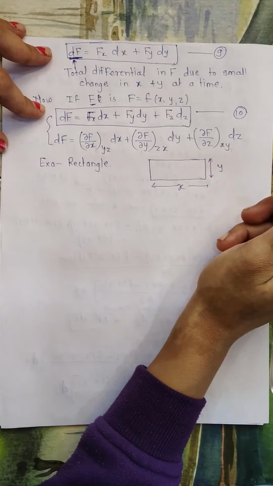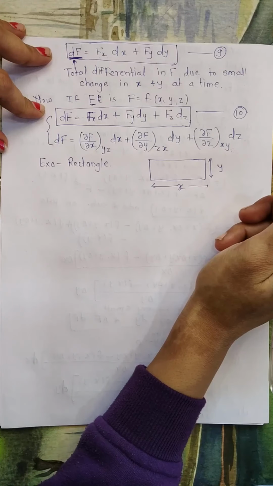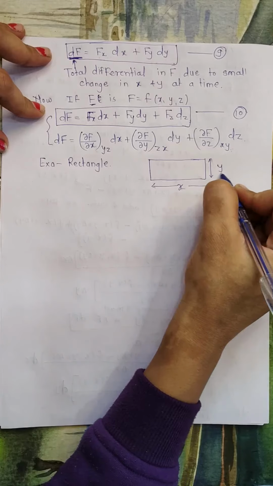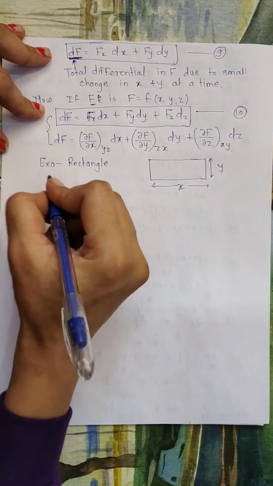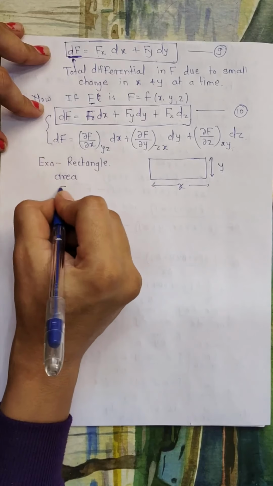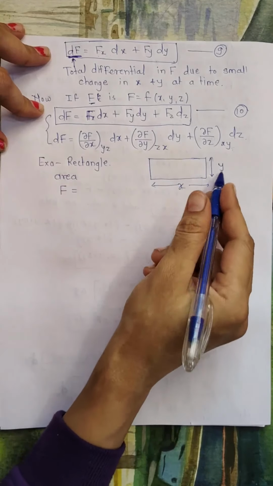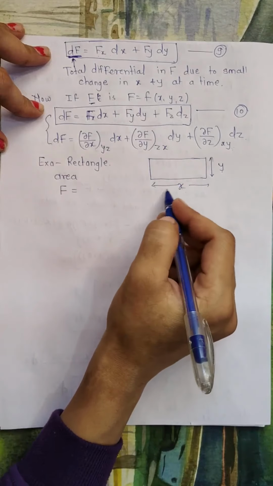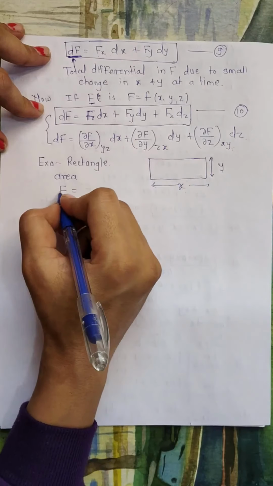Then the function for the area f of the rectangle depends on x and y. Suppose I take the area of the rectangle as f. So the area will be the product of these two, that is length into breadth.